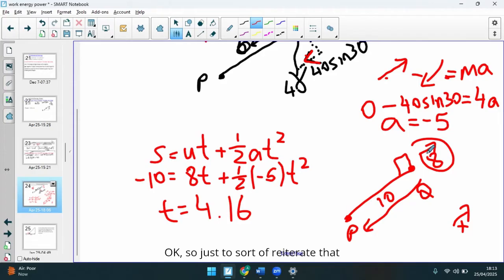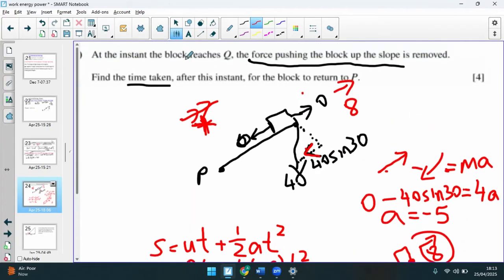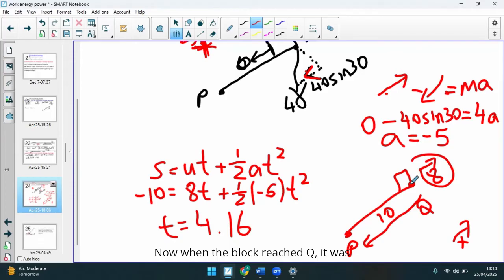Just to reiterate that, what we did was, it said the block is at Q and it's going to return to P. Now, when the block reached Q, it was still traveling upwards. It didn't instantly change direction back to P. So that's why we took upwards as our positive direction.